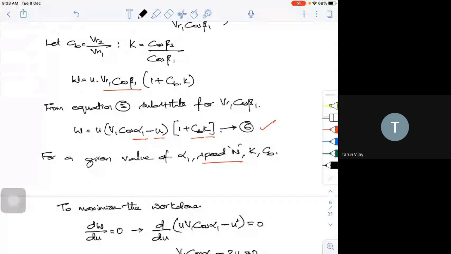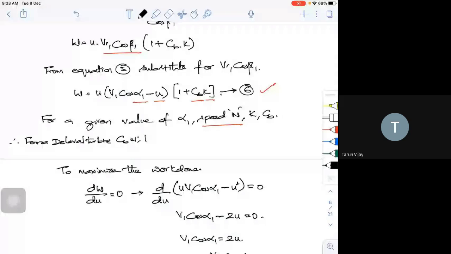For a de Laval turbine, Cv is equal to 1, K is equal to 1, your W is equal to 2 into U into v1 cos alpha 1 minus U. I am trying to write a generalized equation that I can use for any kind of turbine.